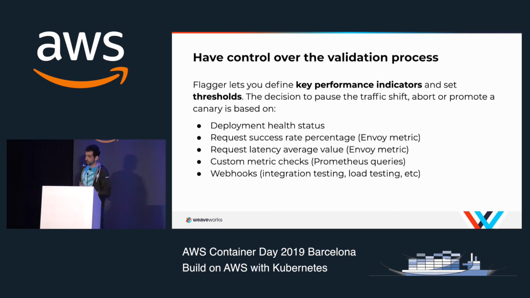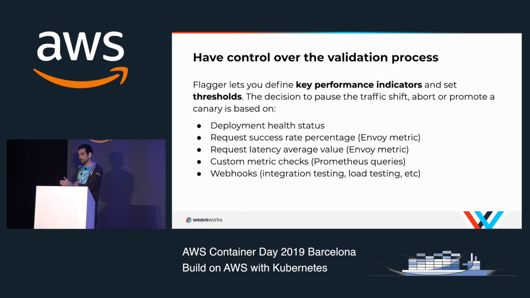And one webhook that I've created as an example is a load testing tool. So when you start the canary, let's say you don't have traffic in your production systems, right? Let's say you deploy at an hour that you have no traffic. So there is no data. Flagger cannot take any decisions if there is no data, right?